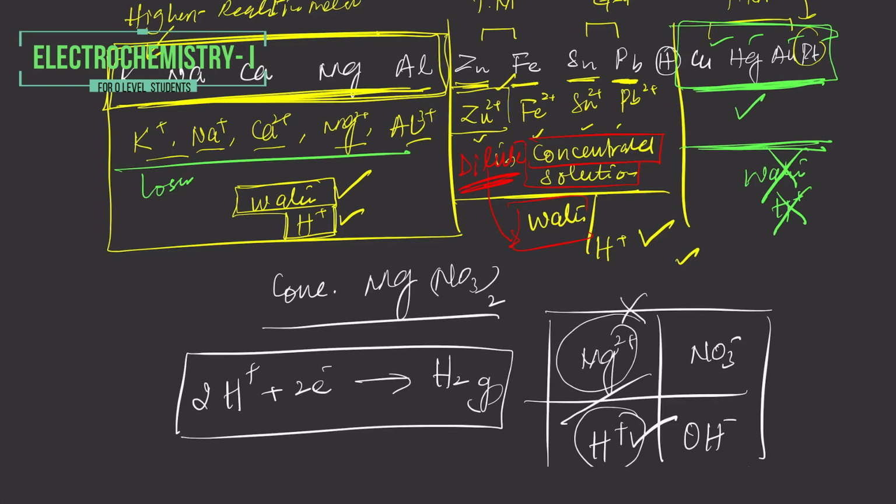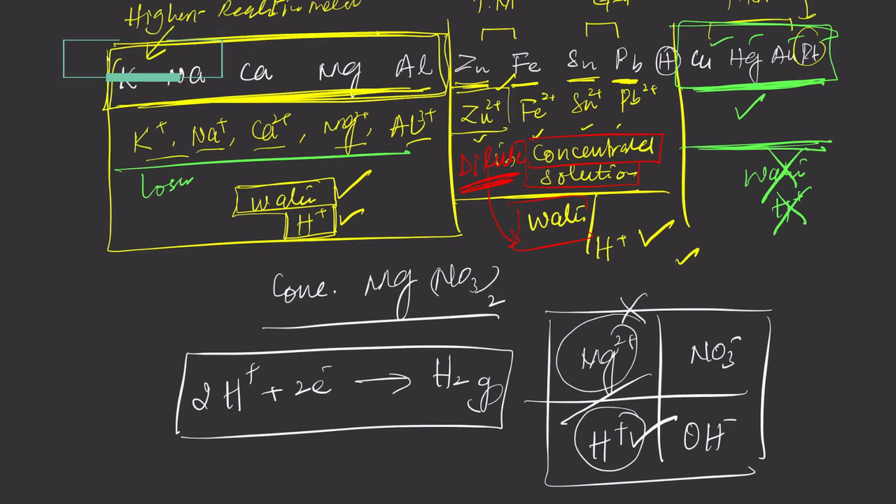Alright. Now the examiner will ask the reason for your choice. Why is H positive ion sometimes the winner and sometimes the magnesium ion is the winner?